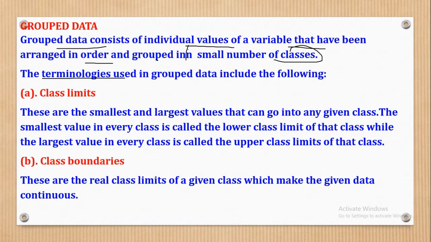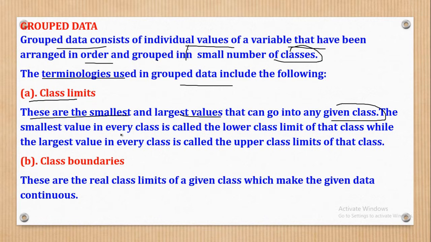So the terminologies used under grouped data include the following. There are some terms we need to know. Some of them, or most of them, you covered in your O-level, but still we have to talk about them. The first is class limits. These are the smallest and largest values that can go into any given class.